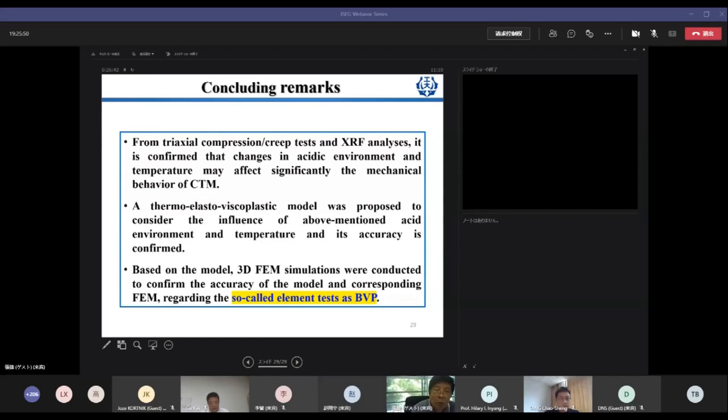And the constitutive model proposed here can well describe the behavior of the so-called element, but this actually is not an element test. Based on the model, we can see that there are some errors, but still tolerable. So in this case, we can say the element test is still useful for the modeling of the soil. Thank you for your attention.